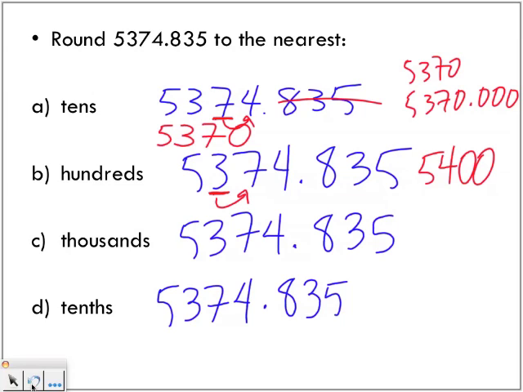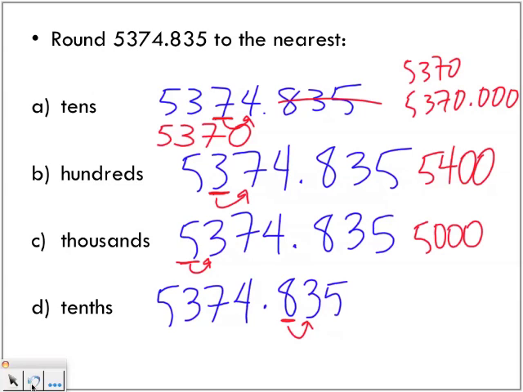Thousands. Which one am I rounding to? The 5, right? So we're going to look at the number immediately following it. Does it change the 5? No. So my answer is 5,000. And my last one here. Which number am I underlining? The 8. Okay, so I'm rounding underneath that. Does this 8 change?